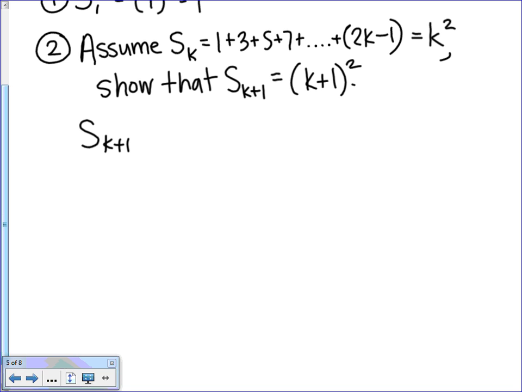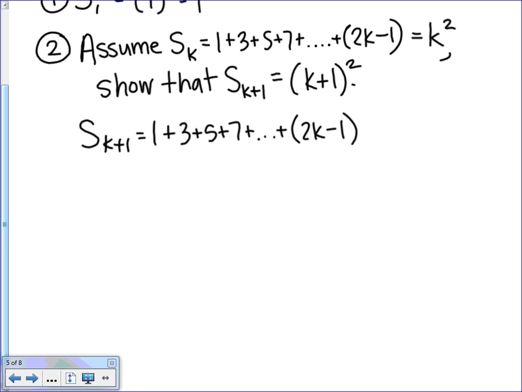So I'm going to go up to my assume statement, and again, I'm going to kind of copy the same thing I had before. 1 plus 3 plus 5 plus 7, all the way up to 2k minus 1. But that would just be s sub k, and I really want to add an extra term to it, don't I?